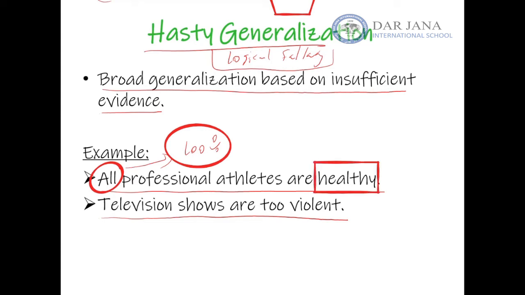Now, the first thing is that this is insufficient evidence. How do you know that all professional athletes are healthy? It's not possible that you know all studies and reports of all possible professional athletes that are healthy. So in this case, we call this hasty generalization.